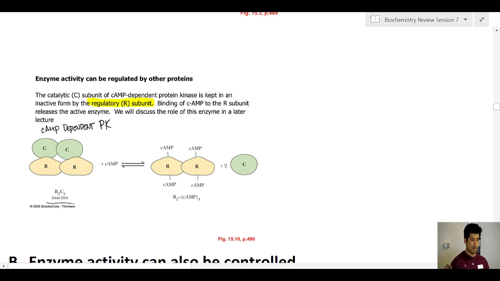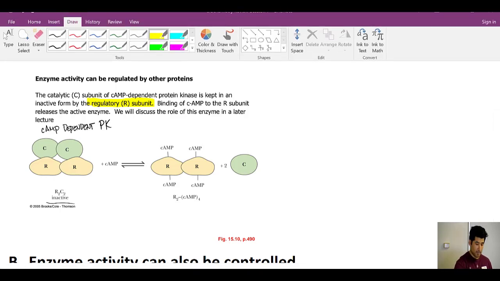Does that make sense? Yes. So do the regulatory subunits cover the active site? It could cover the active site, or it could shape the catalytic subunits in a way that doesn't let them react. So these regulatory subunits don't necessarily have to cover the active site. They can just change the shape of the catalytic subunits so that they don't work.